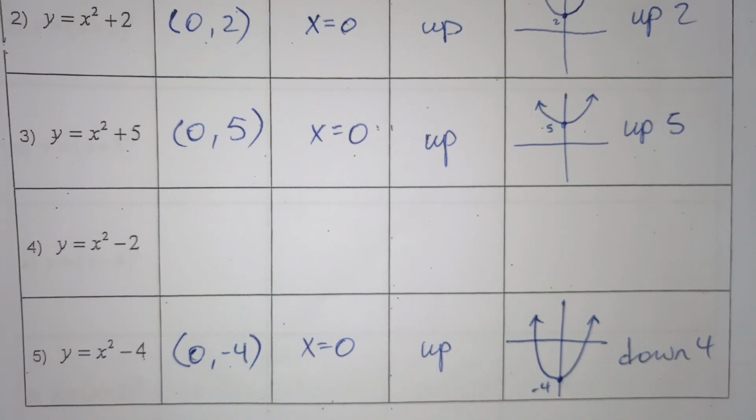So showing here, see, all 3 formulas right here. If it's plus, I'm moving it up. If it's negative, I'm moving it down. But the opening is always up. It is the direction of the opening, so your graph is still opening up.